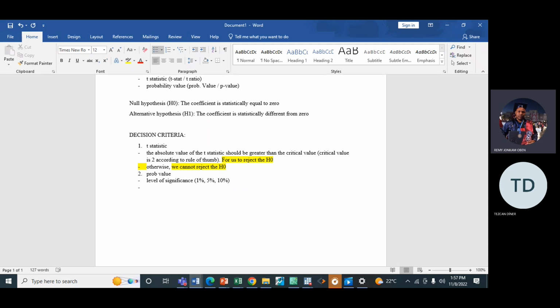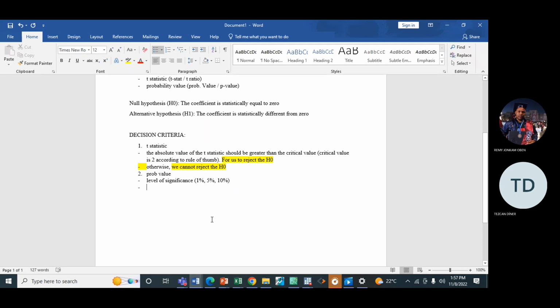Now, I'm showing you all these 3 levels because you have to know it. But generally, they use 5% in studies, like in most papers in the literature, most theses and whatever, they use 5%. So if you are to focus on one significance level, you should focus on 5%, but know that we have 3 levels of significance.